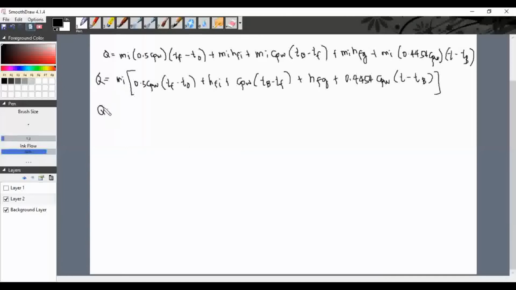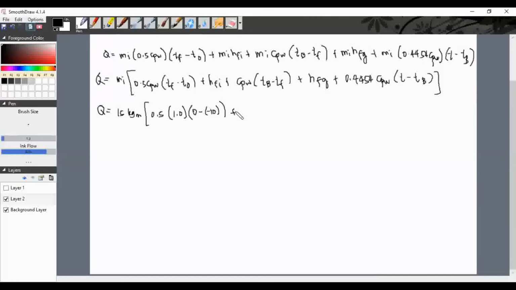So, Q is equal to mass of ice, that is 15 kilogram mass, times 0.5. Cp ng water is 1.0 kilocalories per kilogram degree Celsius times T sub F is 0 minus negative 10, yung ating initial temperature, plus HFI.